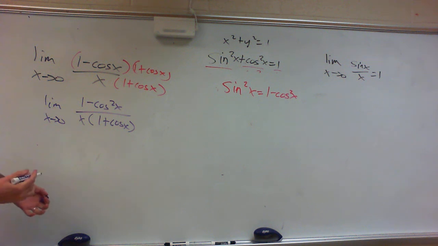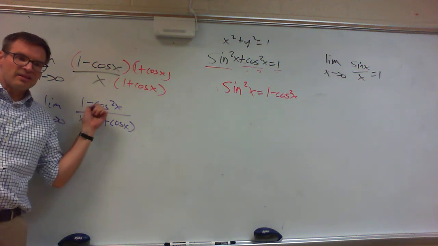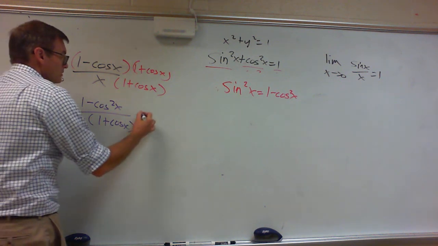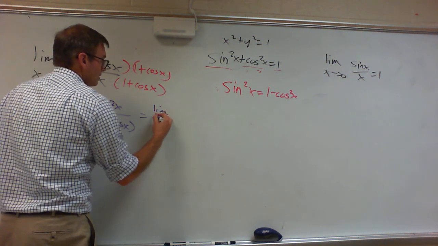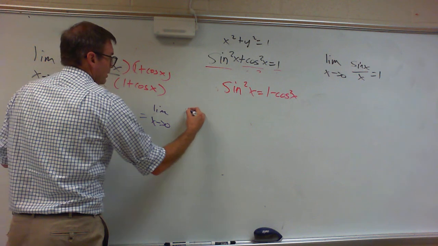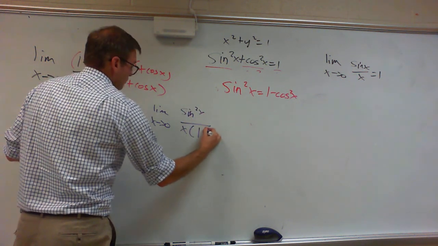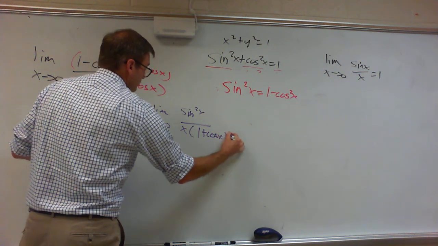I did all of that work so I can change 1 minus cosine squared to a sine squared. So this gives me the limit as x goes to 0 of sine squared x over x times 1 plus cosine x.